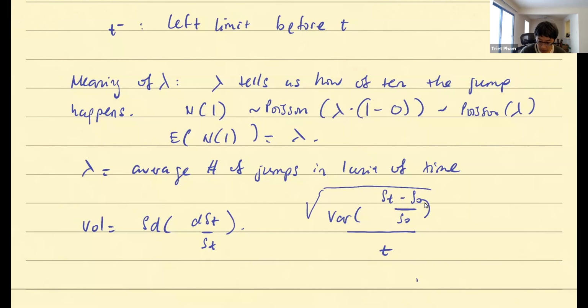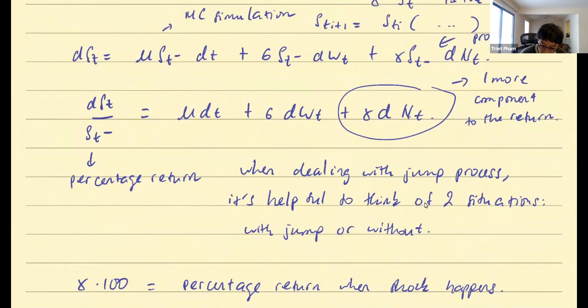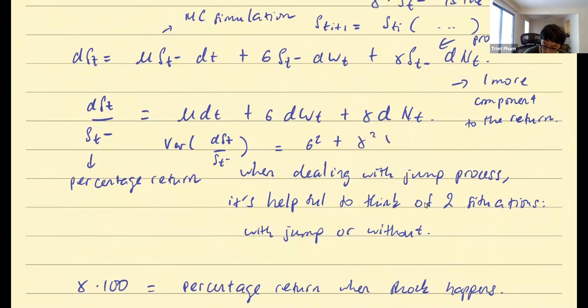So if we look at this, what is the standard deviation of this guy? Or what's the variance of this guy? Well, the variance of this guy, I hope is clear, is sigma square plus gamma square times lambda.